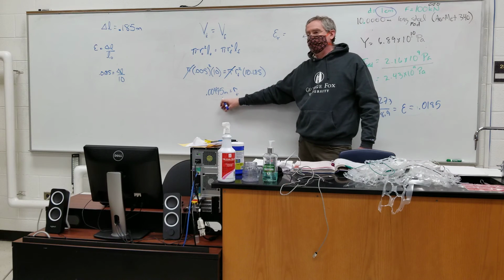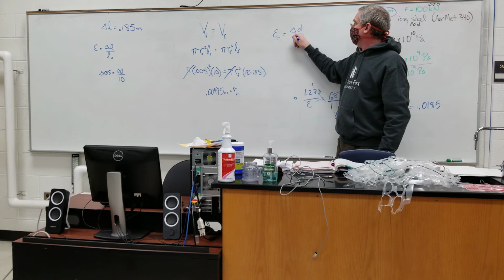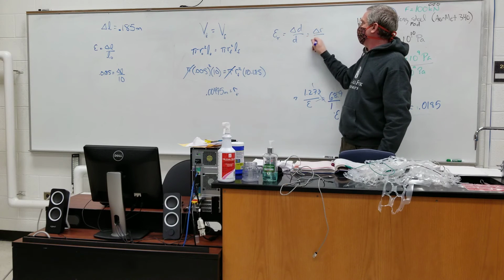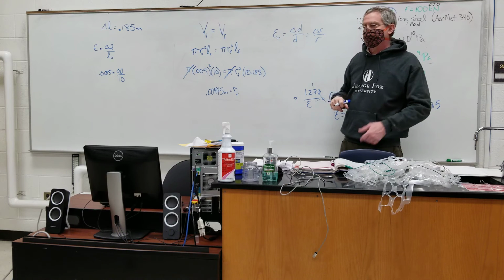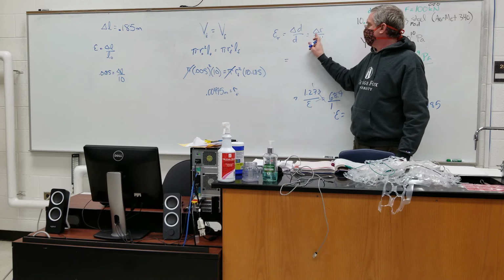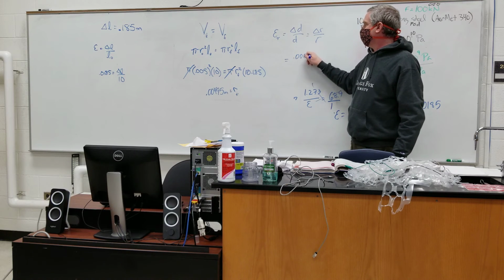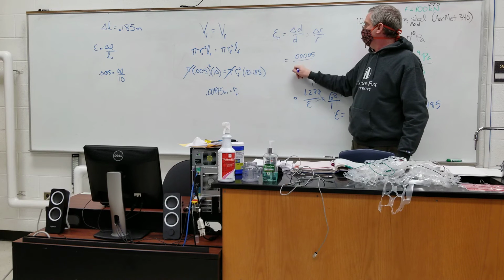Remember, this is the change in the radius here, so we can either do the change in diameter over diameter, or cut it in half, change in radius over the radius. One or the other. So my change in radius was 0.0005, 2.5 over negative 5. No, I got 77.01.